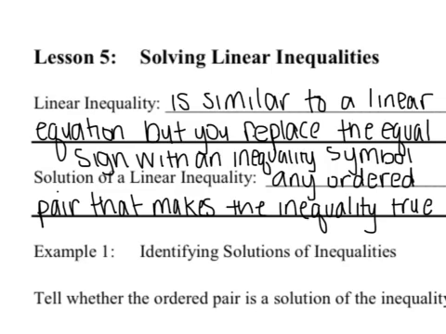That's also very similar to the solutions of linear equations. They were an x and a y, so they were ordered pairs. You just have to be careful now that when you find your solution, the less than is true or the greater than is true, since they are no longer equal.